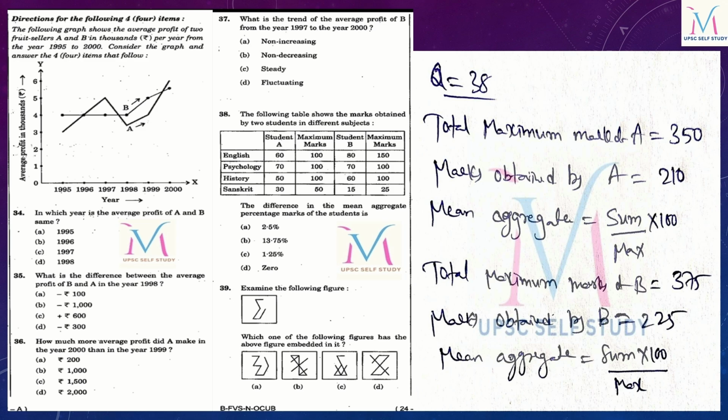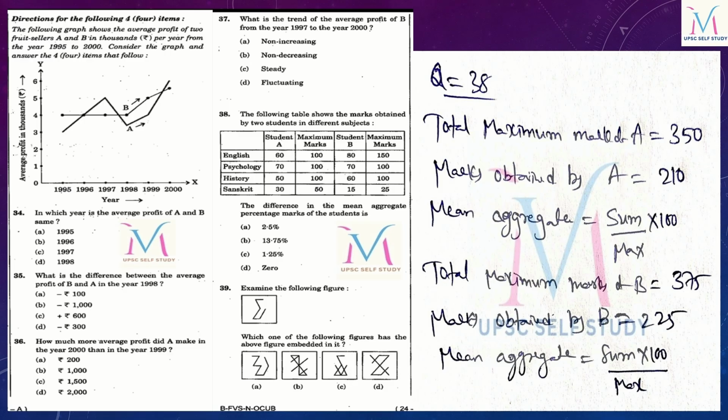And for the 35th question, what is the difference between the average profit of B and A in the year 1998? Go to 1998.